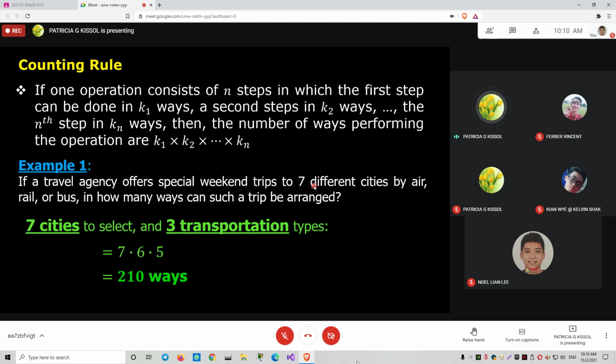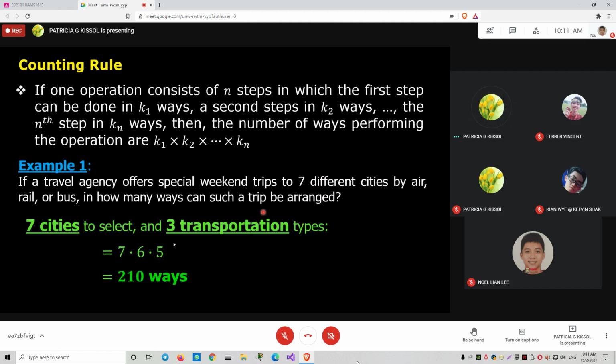So let's say you have 7 cities that you can choose from. So if you have chosen one, say you want to go to Japan, to Tokyo, for example, then the first choice you have, you got 7. Then the second choice, because you want to go to, hang on, oh, I forgot to mention this.